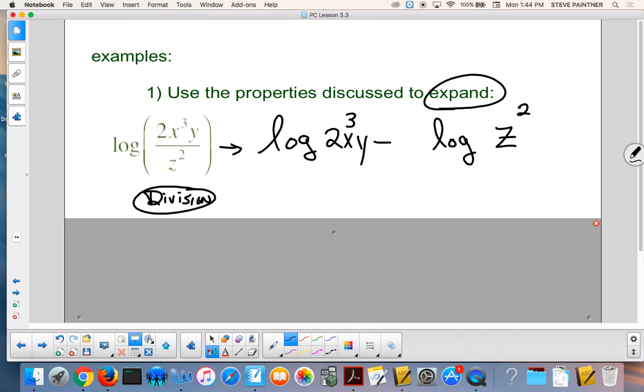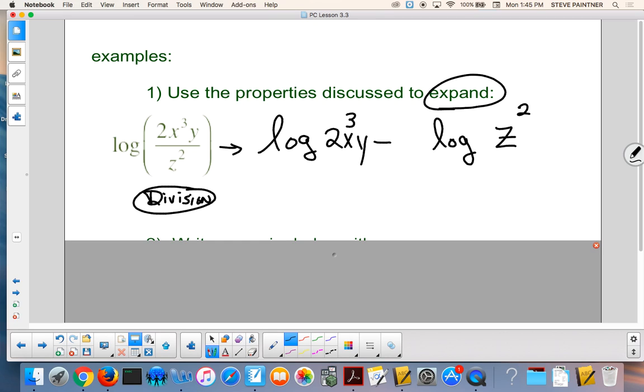Good? And then when you look at each individual log, you can say, well, what's going on? Between here and here and here, that's all multiplied. So you're going to break this into what? How many logs? 3 logs. What are you going to do to them? You're going to add them. So it's log plus log plus log, right?